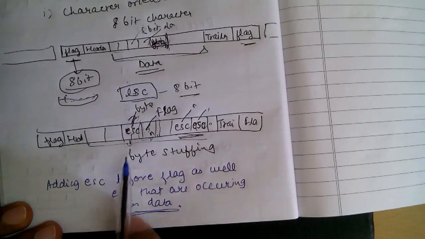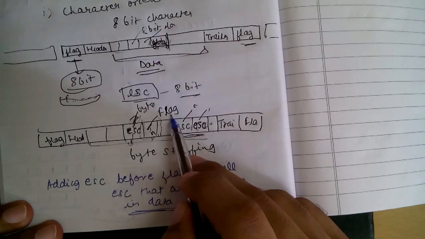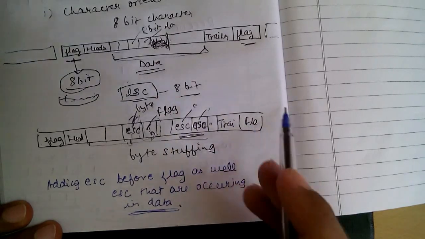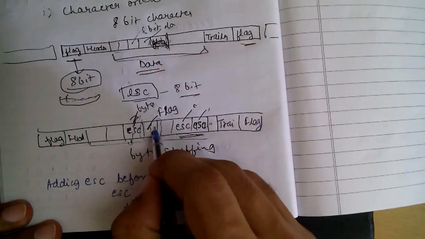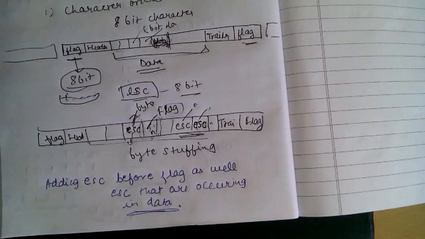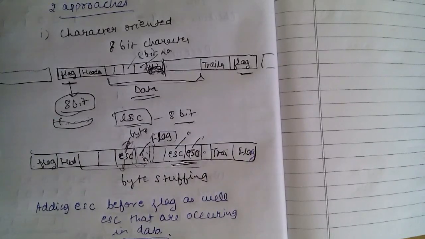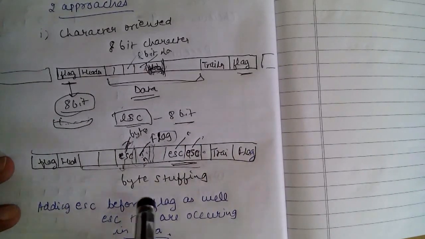This is byte stuffing, where we put escape characters to differentiate between flags and the data which looks similar to the flag. So this is the character oriented approach, and the technique we used is byte stuffing.